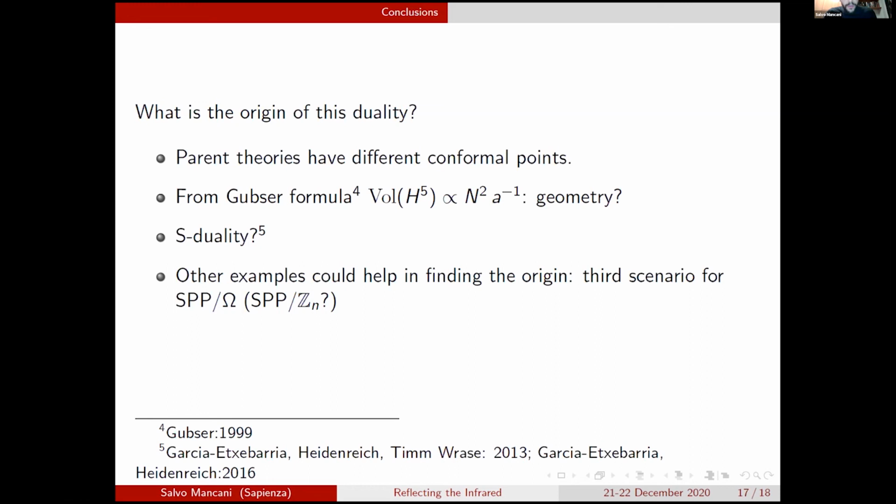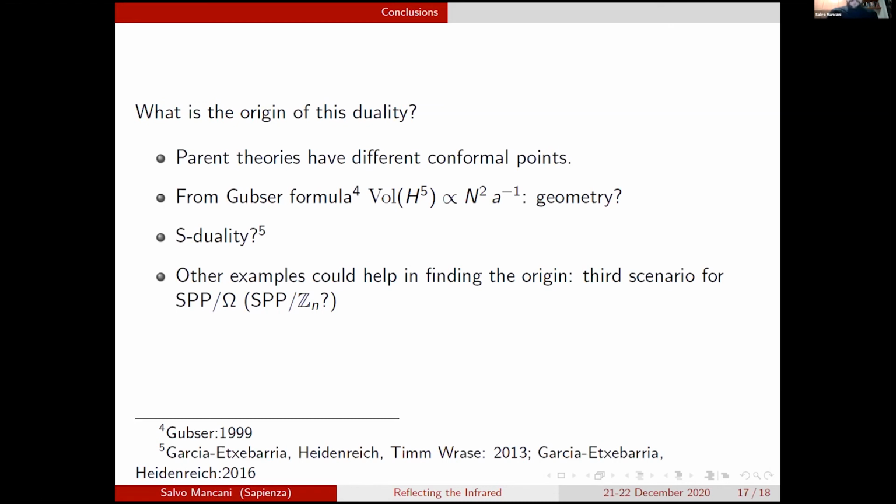I'm referring to the works in which they state that there is a duality between two different orientifold projections of the same theory, and they show that this is an effect of Montonen-Olive duality, a reminiscence of this duality after the orientifold projection.